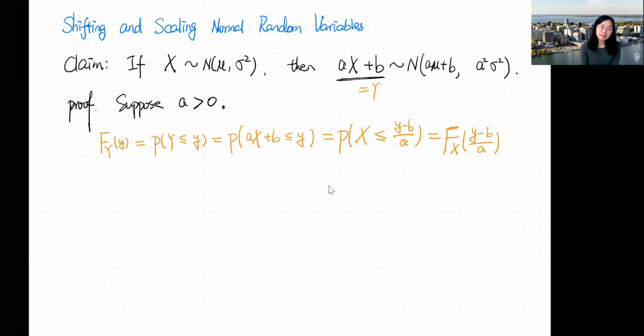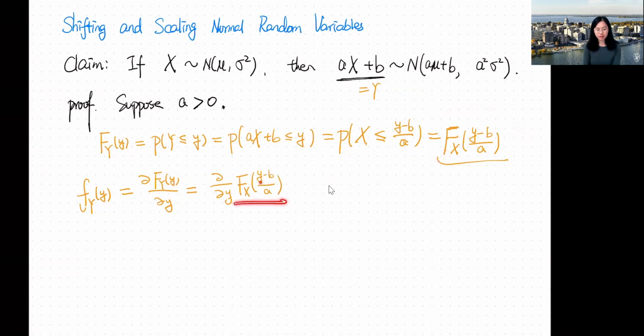Now, in order to get the PDF, we simply take the derivative of the CDF. And that derivative is applied on this expression of the CDF, and this is a compound function of y, so we can use the chain rule for taking the derivative.